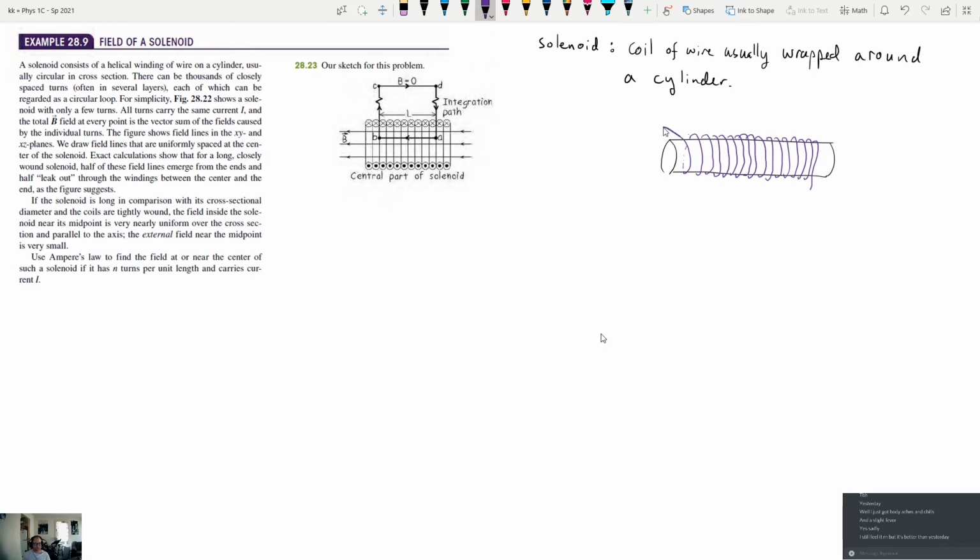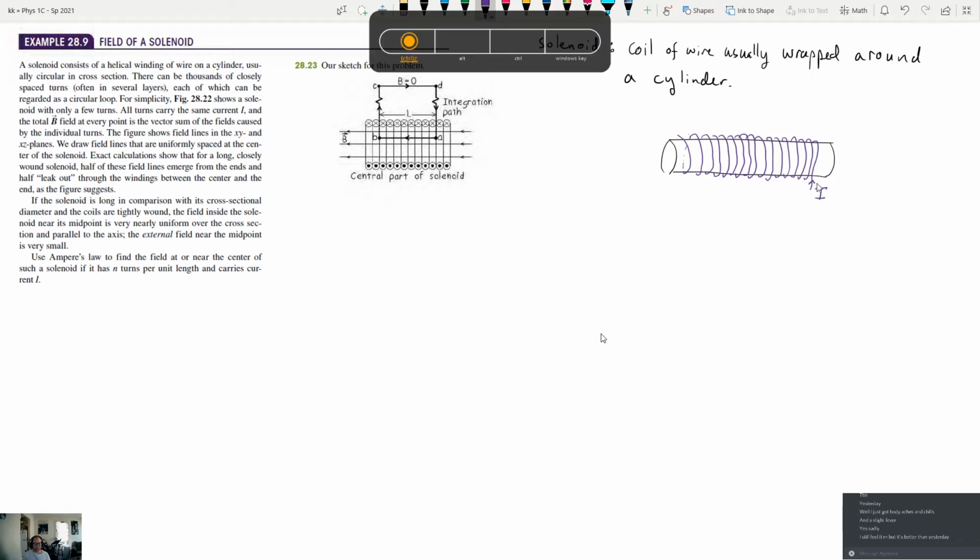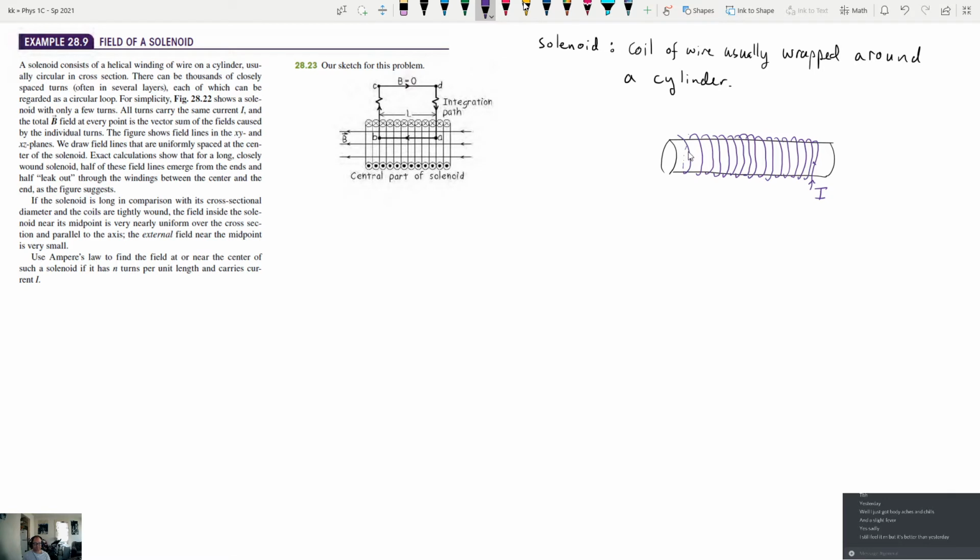So we'll say that our current is flowing in on this side and then out on this side here. Let's be consistent with the picture. Let's say the current flows in on this side. Current goes this way, and then it just basically keeps going up. At every piece right here the current's flowing up, and then the current flows out that way.